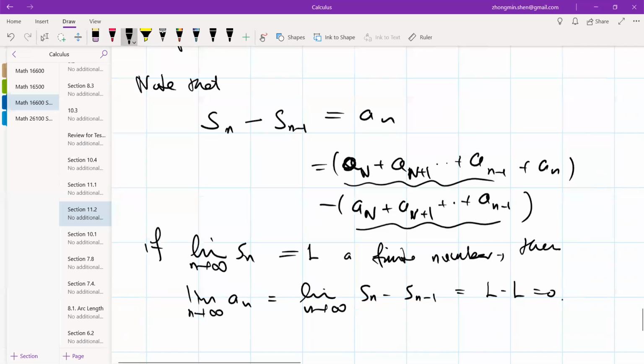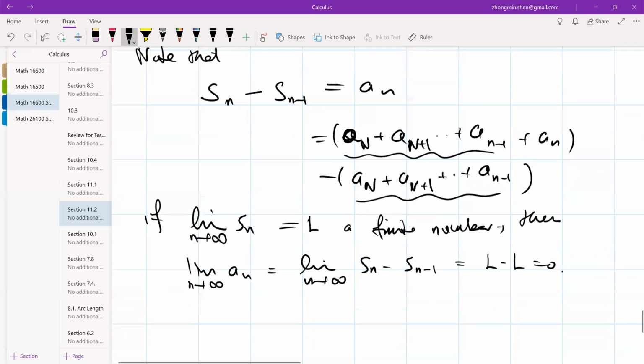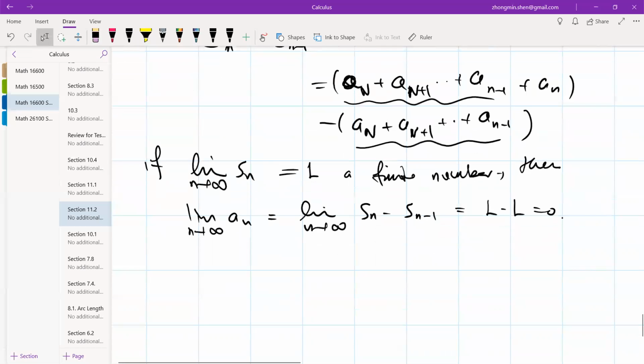But conversely, it's not necessarily true. So we have to be very logical. Mathematics is very precise. When you argue with someone, if that is true, then this follows, but the converse is not necessarily true.